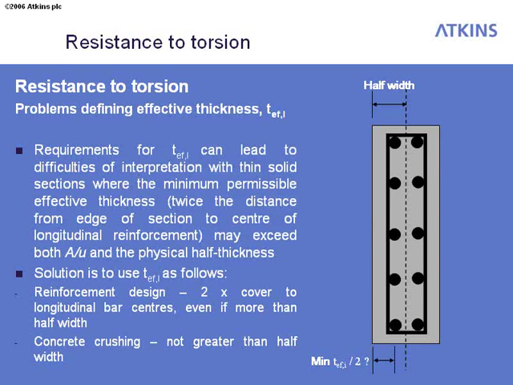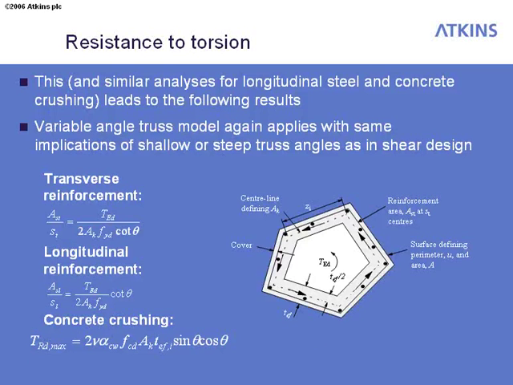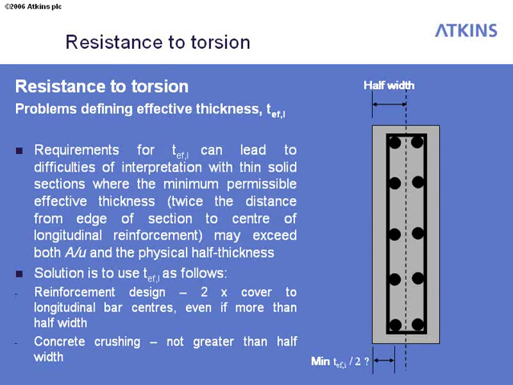When we're designing the reinforcement and applying these top two equations, the equation for transverse reinforcement or longitudinal reinforcement, when we set the effective wall thickness, we should use 2 times the cover to the longitudinal bars, even though that gives us a nonsense in terms of physical wall thickness, because we'll be using an effective thickness that's bigger than the wall. But we have to do that to get the lever arm for the reinforcement in the right place.